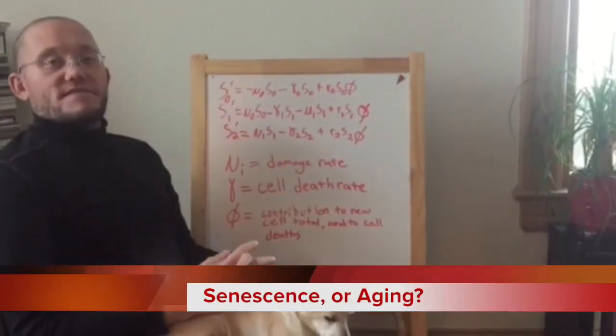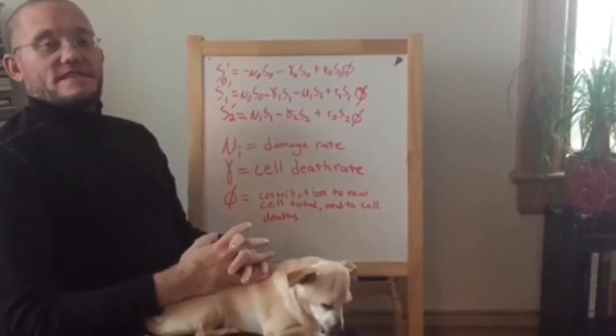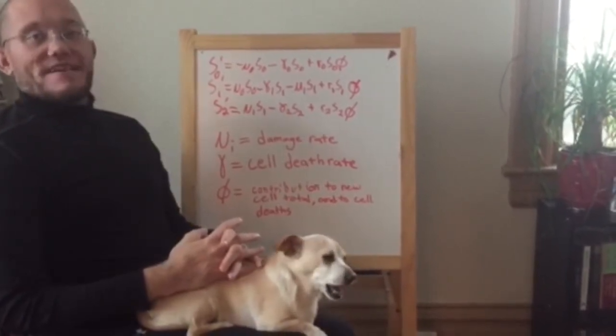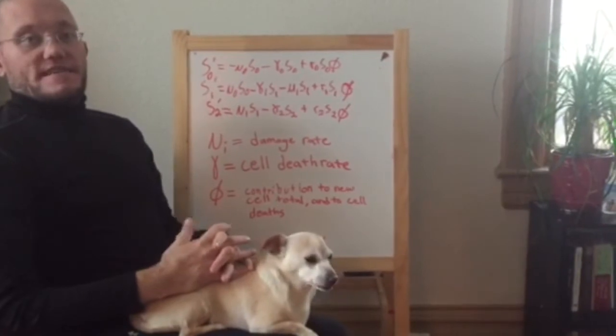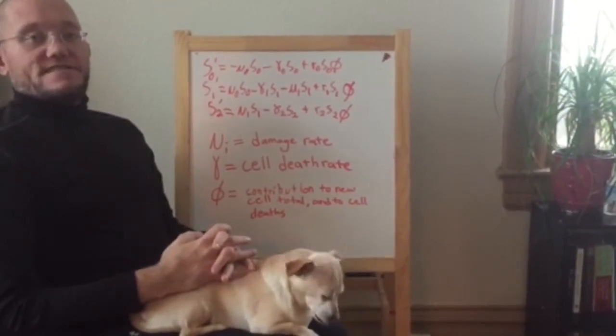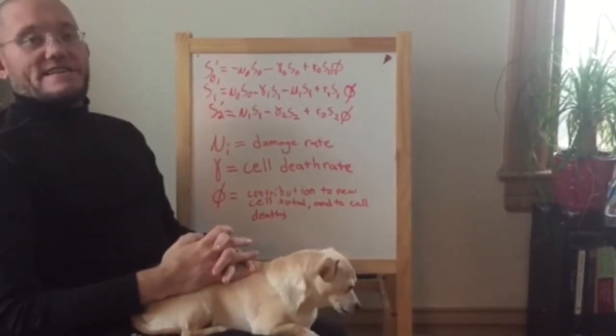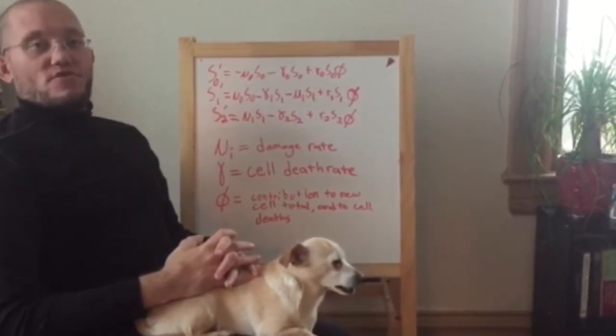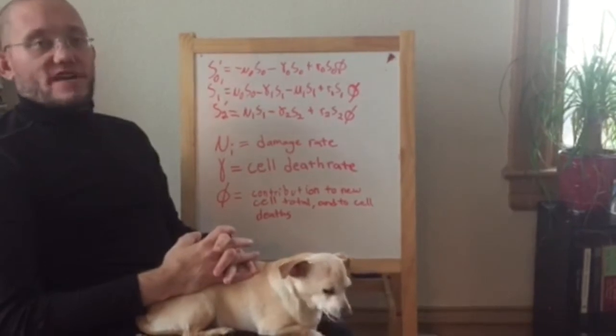If you read some of the aging literature, you might also see aging and senescence used interchangeably. Senescence, as used by biologists and doctors that study aging, typically refers to the portions of aging that become noticeable after we become mature, right?